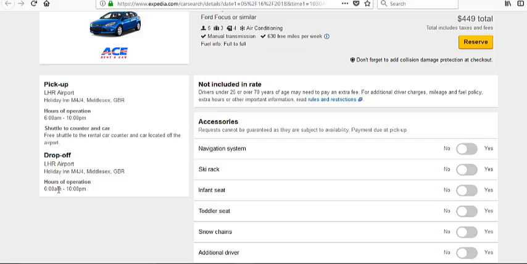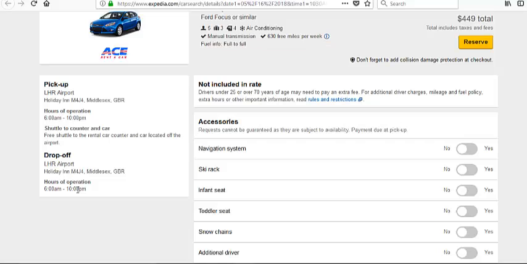In the U.S., at a lot of airports, you can return your car any time, 24 hours. Here they have it from 6 a.m. to 10 p.m. So if you have an early morning flight, like I had last time, we were flying out of Manchester, flying through Dublin back, and it was like an 8 o'clock flight, and you had to get there 2 hours ahead of time.